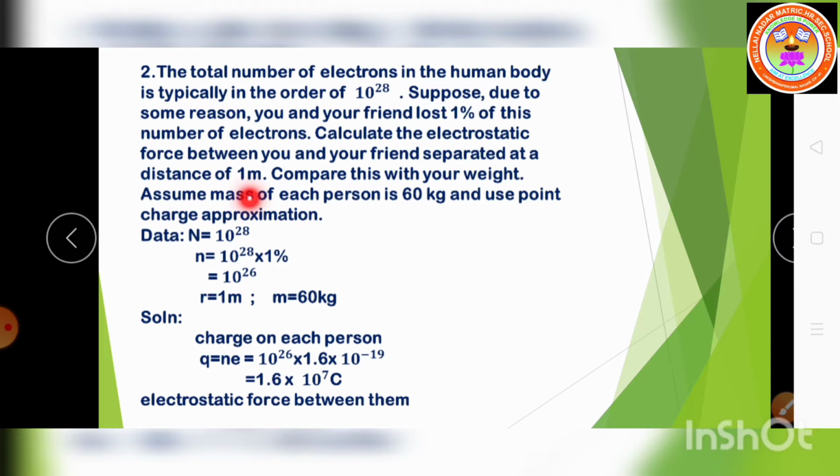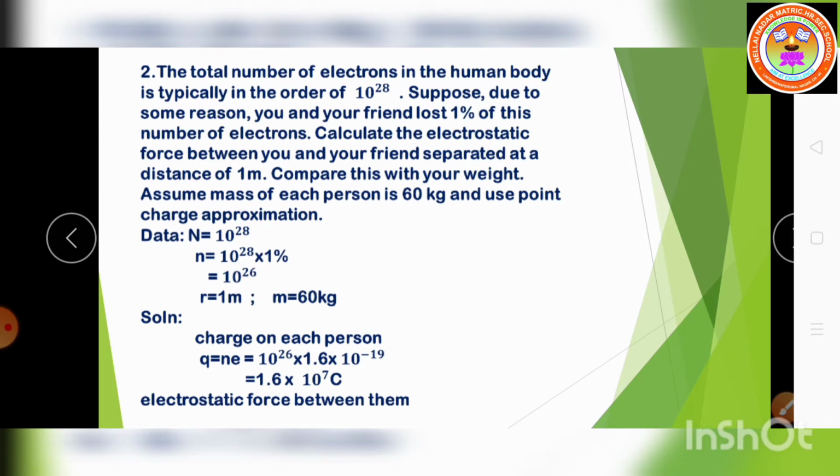If you want to calculate the electrostatic force, what is the force formula? F is equal to K Q1 Q2 by r square. So first you want to calculate the charge on each person. What is the formula for charge? Q is equal to Ne. What is the value of N here? 10 power 26.